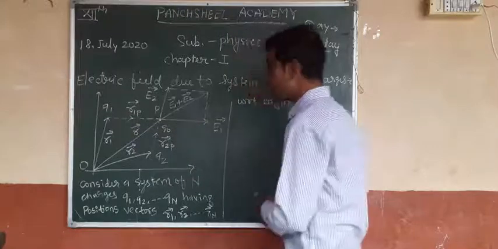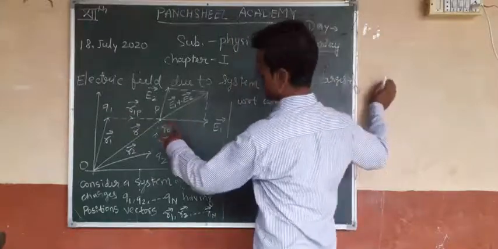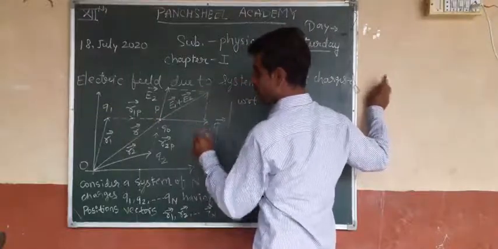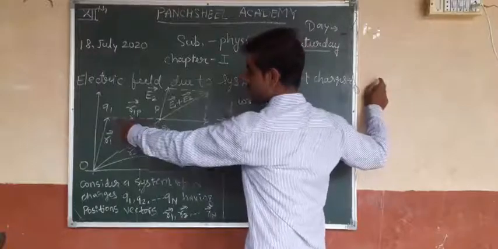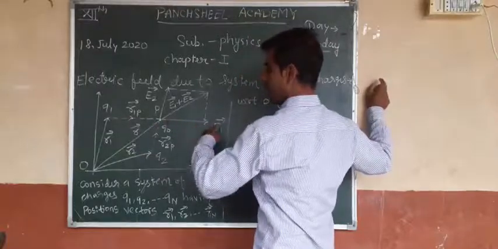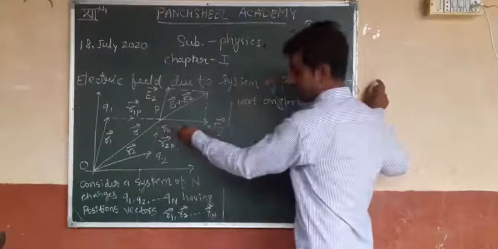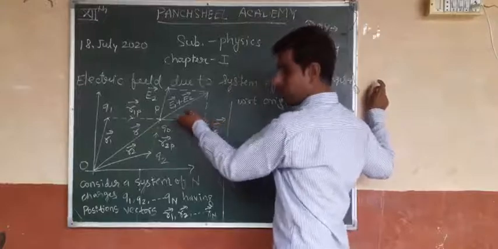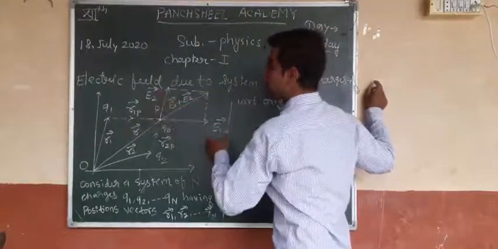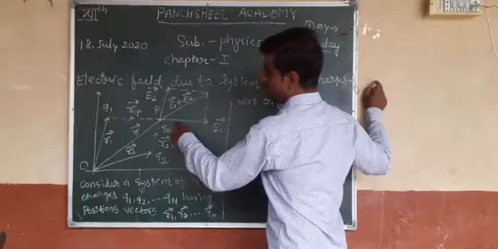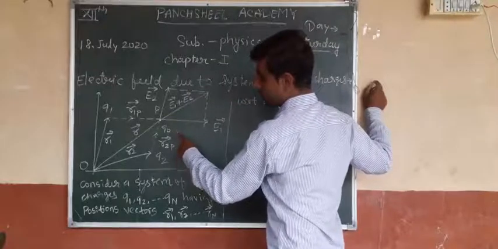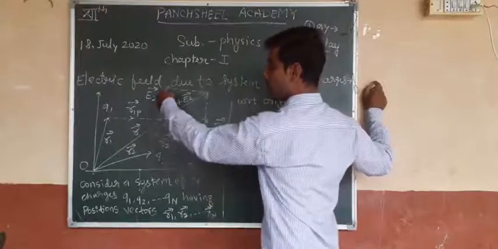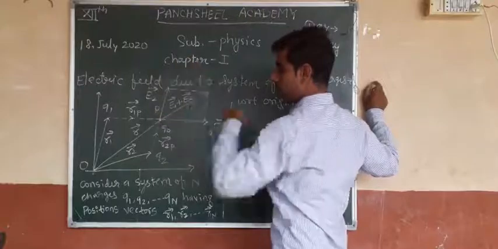Now Q naught and Q1: this is the test charge and this is the source charge, so there is one electric field, with value E1, and its direction is in this direction, because this is the repulsive force between these two charges. Similarly, here this is the test charge and this is the source charge, so there is another electric field, E2, which is repulsive in nature and in this direction.